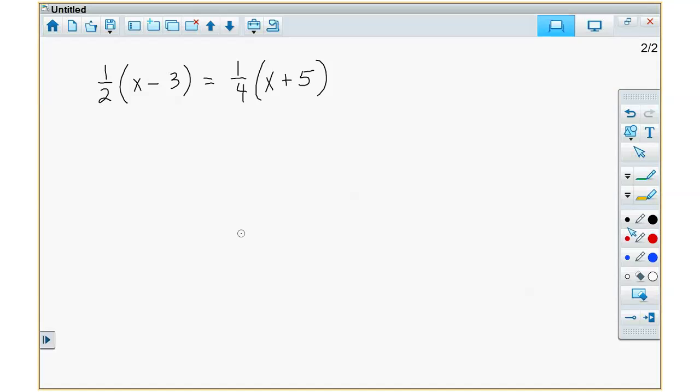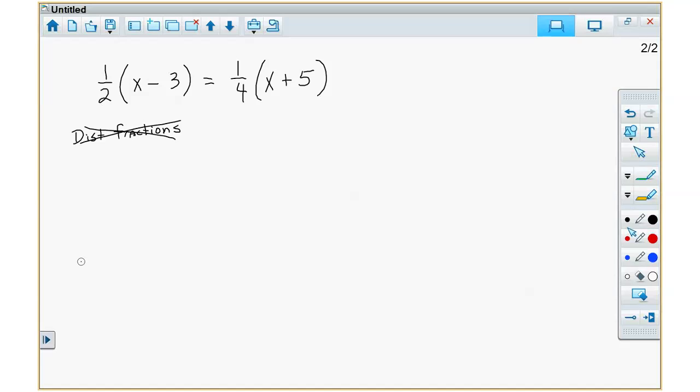Now, you can distribute the 1/2 and the 1/4, but why would you not do that? Because it's like pouring gasoline on a fire. It makes it more difficult.